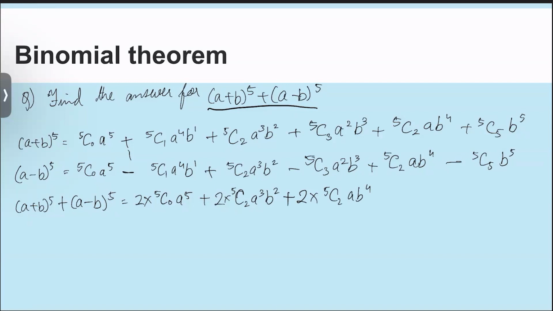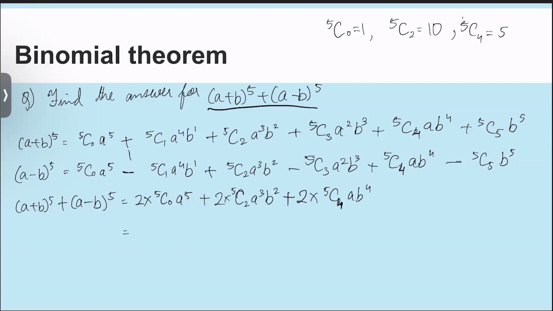Now, if you remember, 5C0 would be 1, 5C2 is actually 10, the coefficient is 10. And the last one, 5C4, is equal to 5.